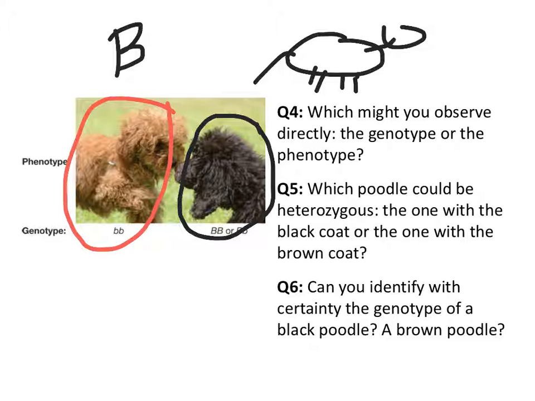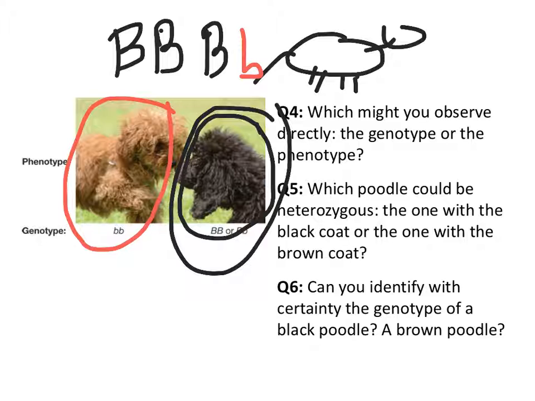And that individual could either be big B, big B, or big B, little b. So which poodle could be heterozygous in this case? This one only. Okay?